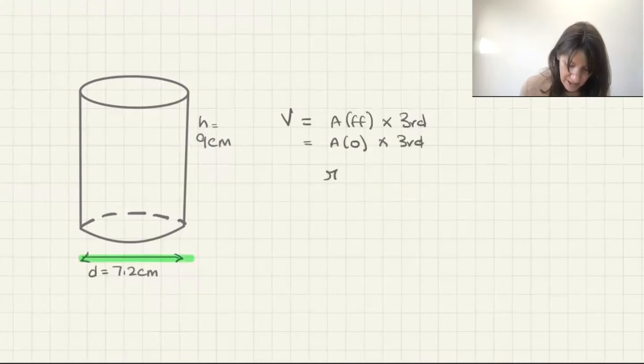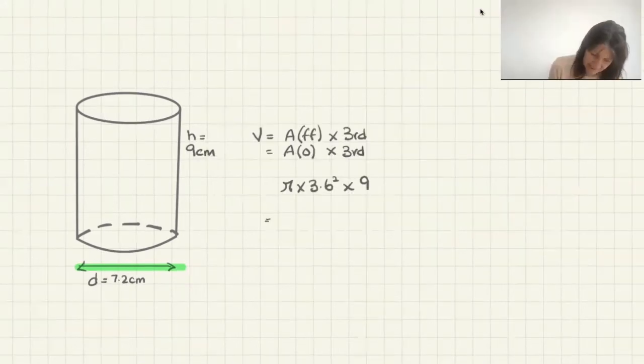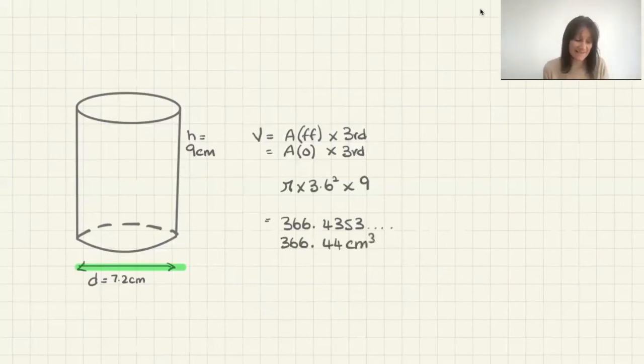So it's pi r, which is half the diameter, so 3.6 squared, times by the third length, which is 9. And you get 366.43, on and on it goes. So 366.44 centimeters cubed, if it's to 2 decimal places.